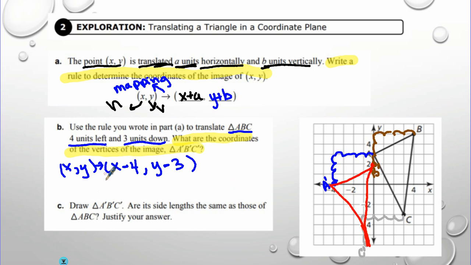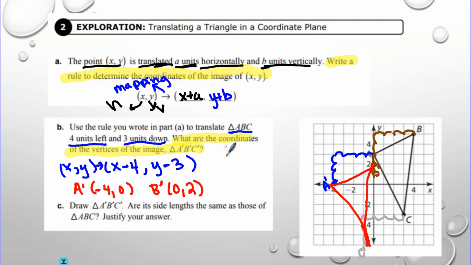Now it wants to know the coordinates. So for A prime, you always read this XY first. A prime: the X is -4, and the Y, it didn't go up or down, so it is 0. For B prime, the X is going to be 0, because I didn't go any left or right, and the Y value is 2.